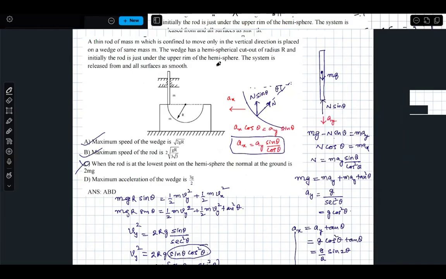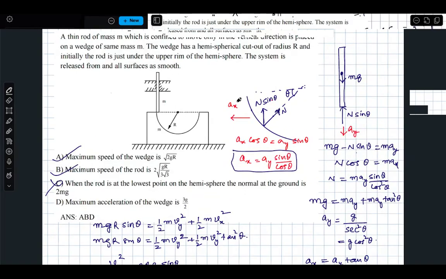See, first part of the question, what I have done is, this is the normal reaction direction. If this is the normal reaction direction, the vertical component is N sin theta, the horizontal component is N cos theta. Remember, I have obtained the relation between this AY term and AX term. So mg minus N sin theta is MAY.